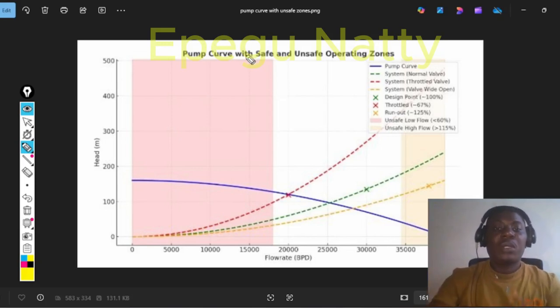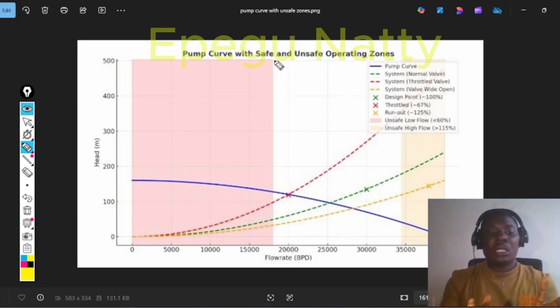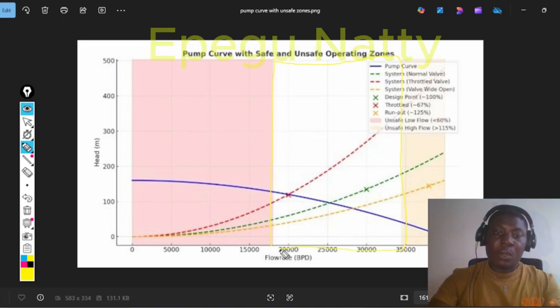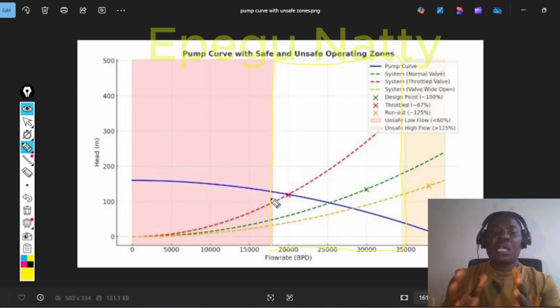So first of all, let's look at the safe region. The safe region is within 30% to 115% of your design capacity. So here, from here down to here is our safe region. If you're operating at this capacity, it means your plant is operating at the safe region.